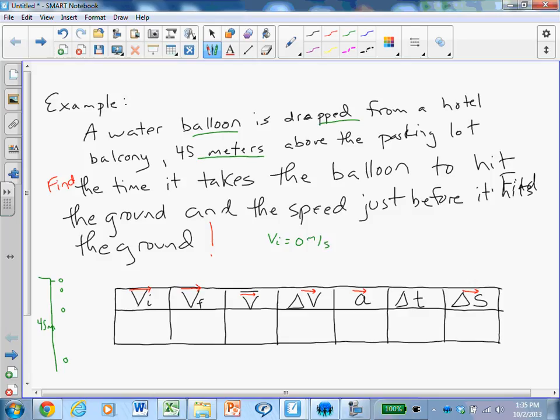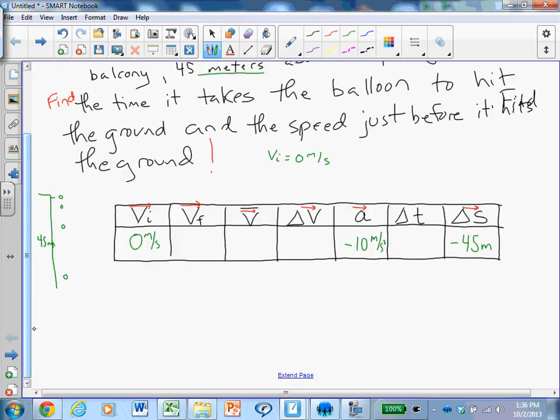Okay, so now because it's going down like that, our distance is going to be negative, and we can fill right away, we can put in the acceleration is minus 10 meters per second squared. We also know VI is 0. Okay, when we look at that now, we could start solving to fill in the chart, and if we fill in the chart, we'll answer the speed just before it hits the ground.